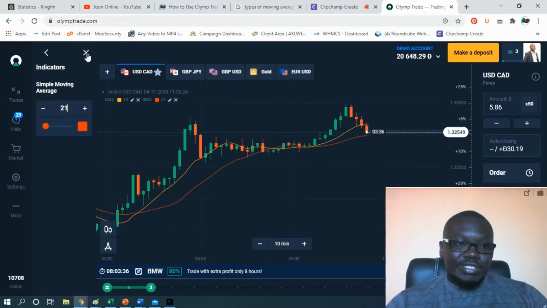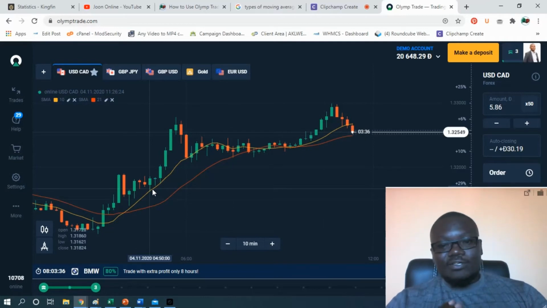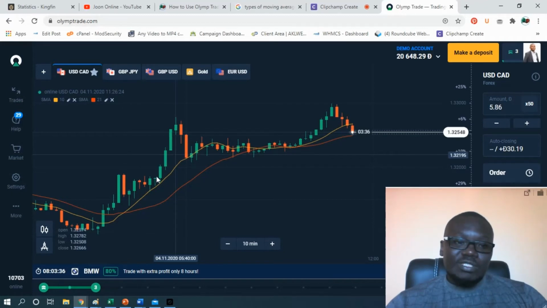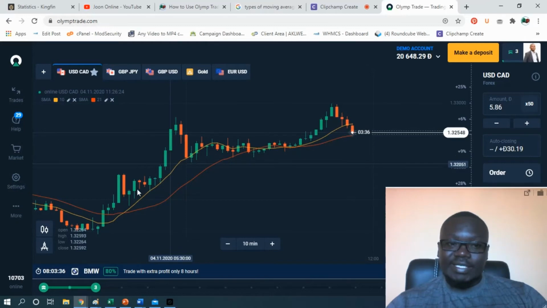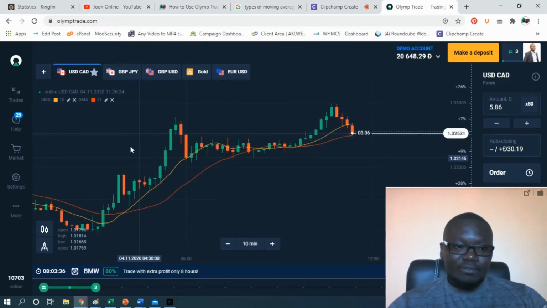So you notice that when we do period 21, our new SMA draws away from prices. So it gives us more signals than the initial SMA that we'd already set, the yellow or orange SMA, whatever it is. I'm not sure.